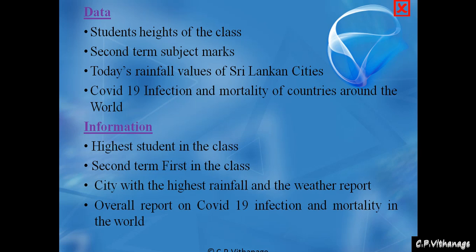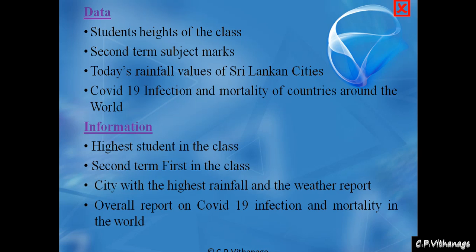Like that we can get information, and using that information you can forecast about the future, how many A's we are getting, how many students will pass the O level exam or the GCE A level exam. So likewise we can forecast things with this, right?